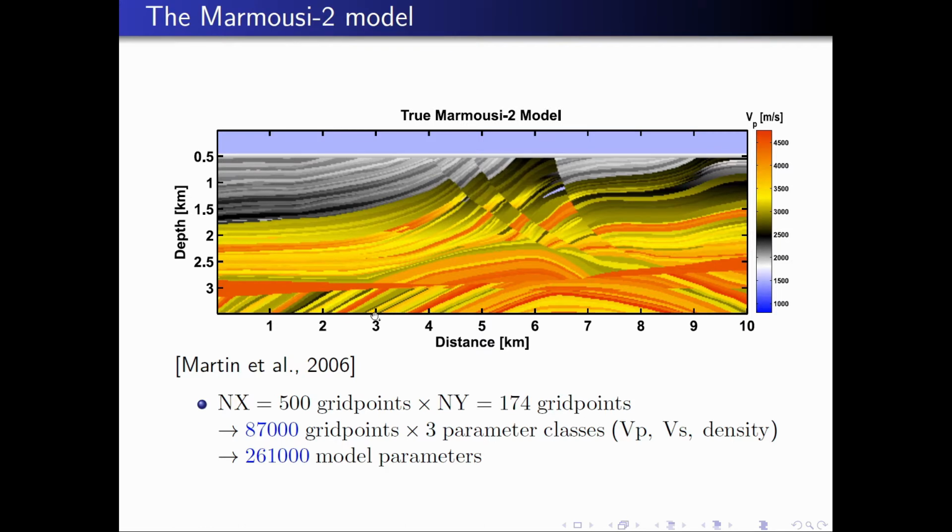You can see on the left hand side the model is quite simple. You have more or less a 1D medium, very simple layering. In the center the simple layering is disturbed by these complex thrust folds. And on the right hand side of the model you see these folded structures that are a little bit complicated. In the deeper parts you see these discontinuities in the medium.